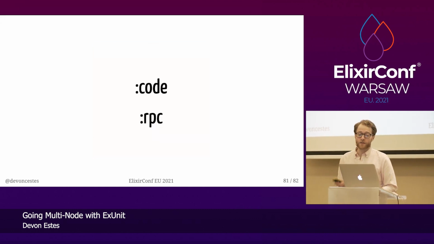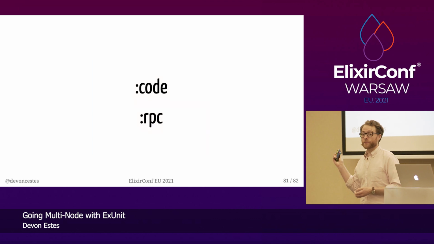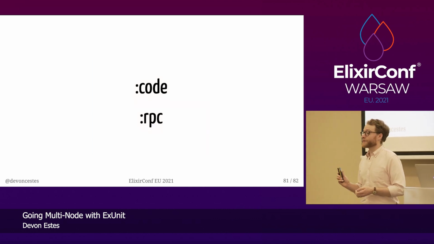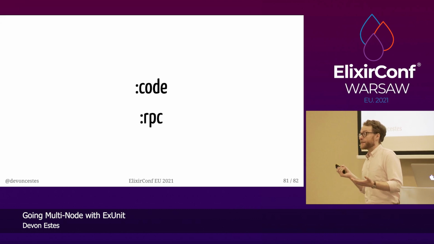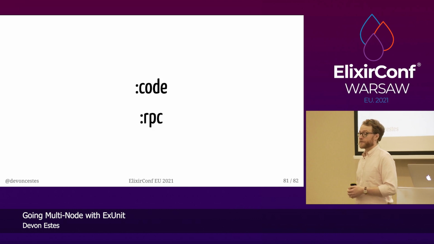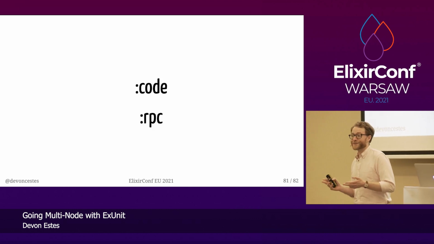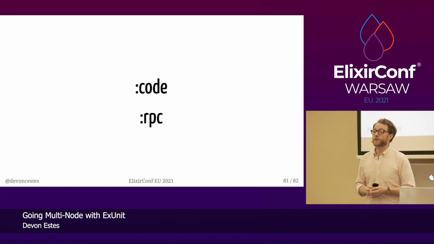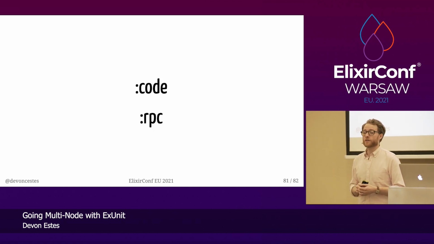So I would really encourage you all to look a bit more at these 2 modules. I know they are Erlang modules, and I know some people don't love reading Erlang or reading Erlang documentation, but there are great things in there, both to learn, just to deepen your understanding about the Beam and how it works, but also things like if you want to maybe do something like this in staging to investigate some issue, and you want to do your own monkey patching of a module in staging, but then you also want to clean it up when you're done, you can learn how to roll back your code.